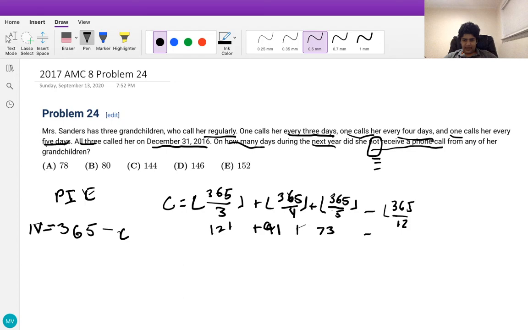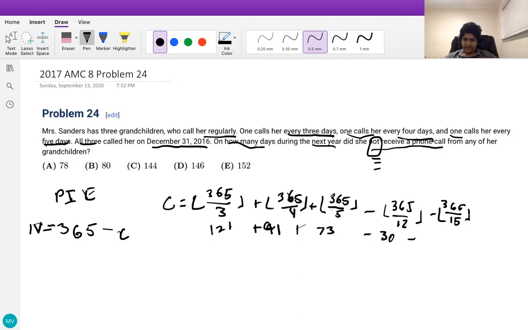And then we subtract the same thing except 3 times 5. That's the floor of 365 over 3 times 5, which is 15, and this is equal to, I believe, 24.